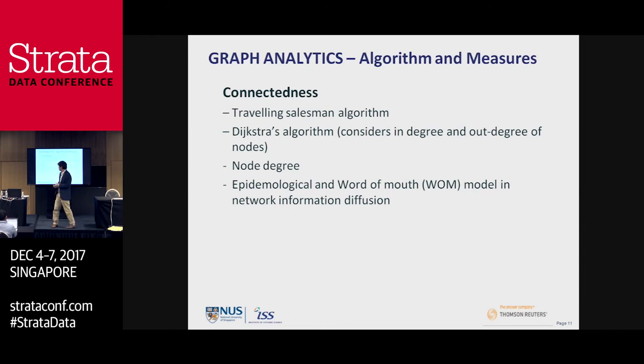Word of mouth is definitely one way that information gets diffused in a social media network, or in popular media outlets like Seeking Alpha or Trade Heroes. All of these are very important aspects of how information gets diffused in the network. And all this falls under connectedness algorithms, how you want to frame your analysis.